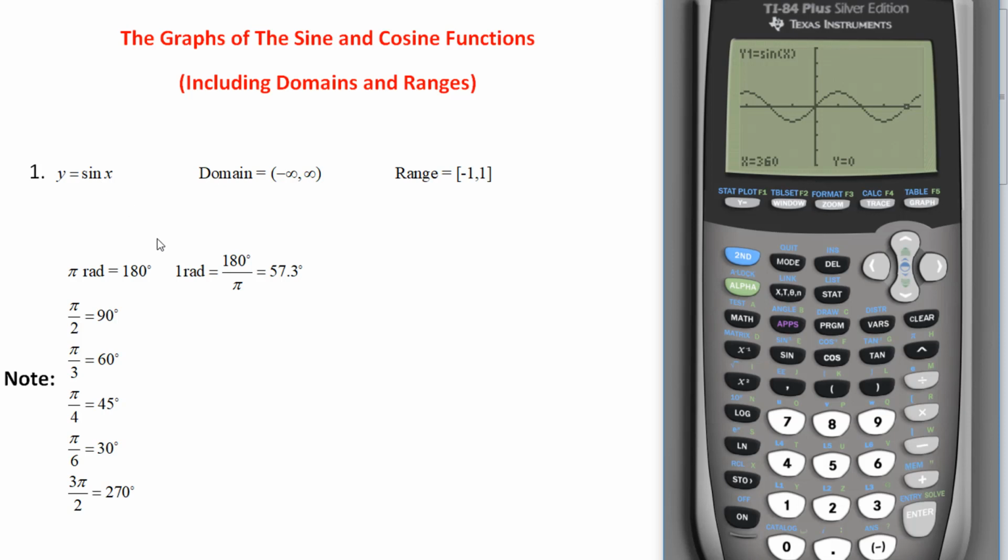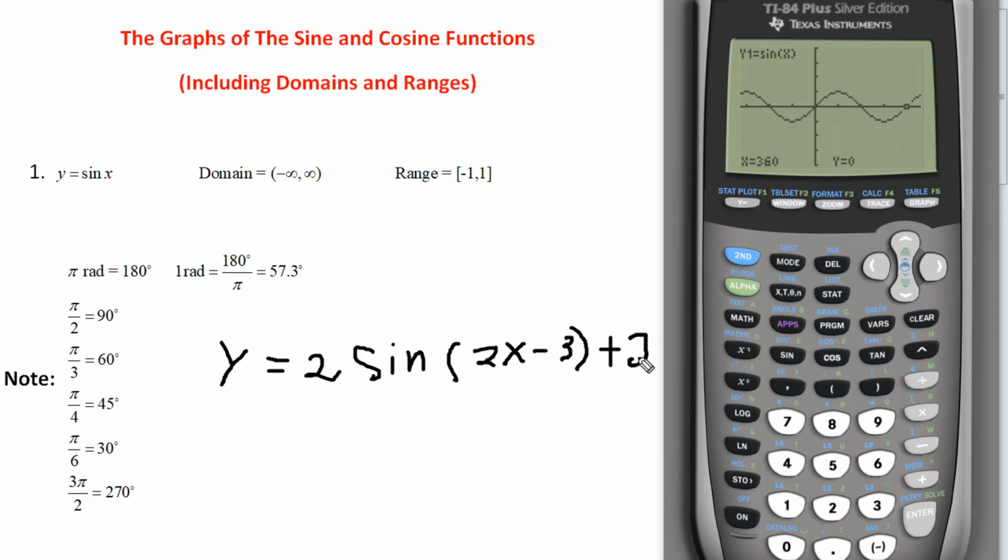Now keep in mind, it could be different. So instead of y equals sine x, it could be y equal to 2 sine x. And instead of just x, this could be 2x. That's going to affect the period. Or it could be something like 2x minus 3, in parentheses. And then you could even have a number added over here.